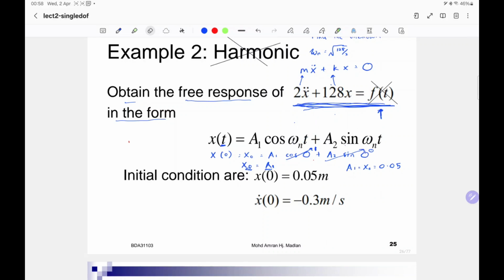Now, when we want to find A2, we need to differentiate this equation. Why? Because it is given in x dot naught. So x dot t is negative omega n A1 sine omega n t plus omega n A2 cos omega n t.